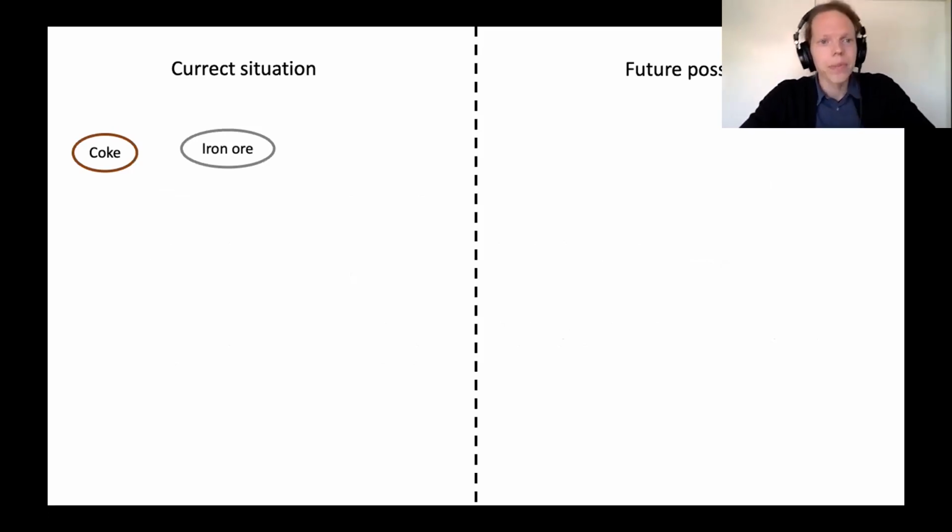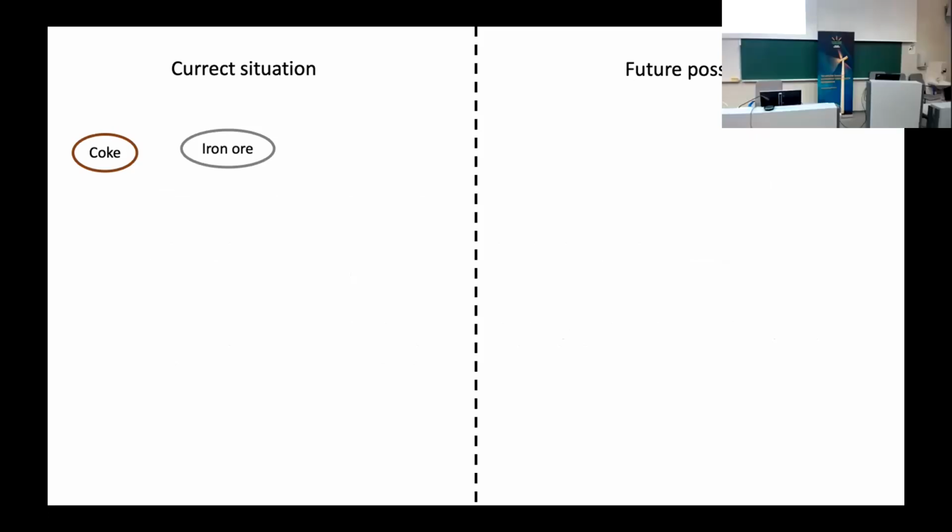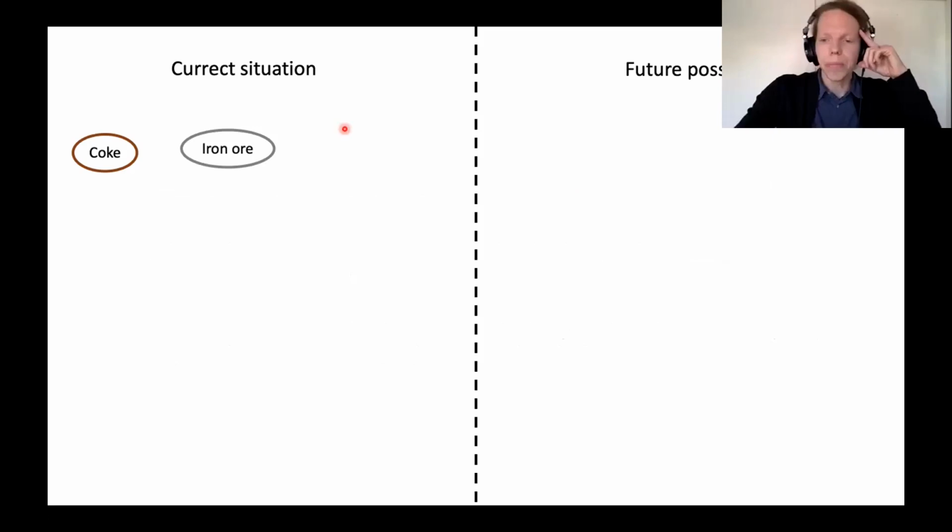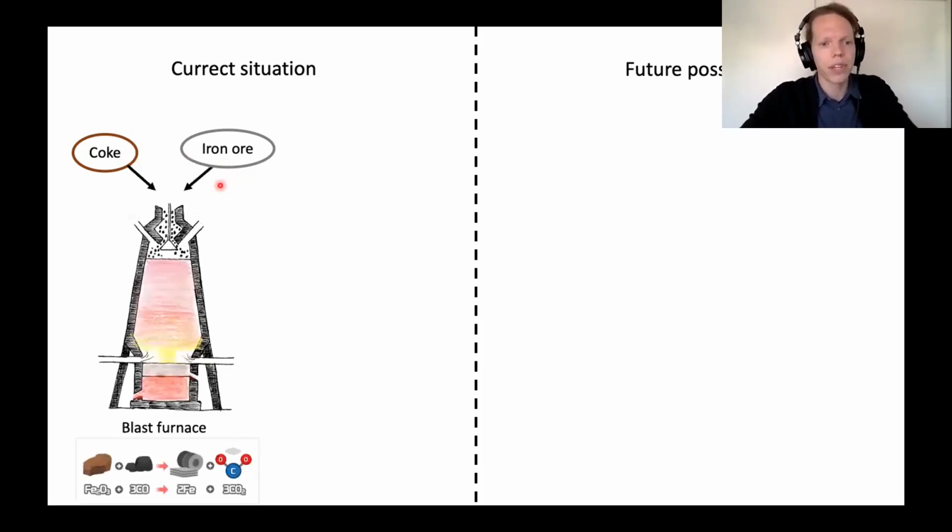But I'll start with a very, very simplified explanation of steel making. So the two basic ingredients traditionally are coke and iron ore. And this coke, of course, is a form of processed coal, and this iron ore contains iron oxides. So these are fed to a blast furnace wherein the carbon in the coke reacts with oxygen to form carbon monoxide.